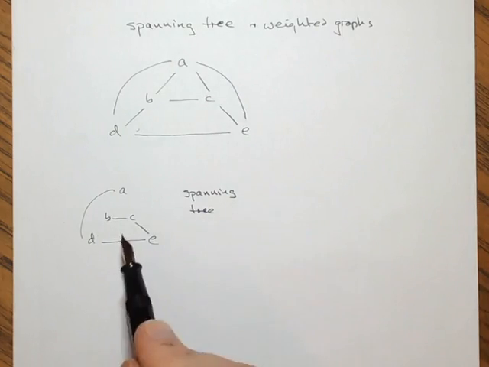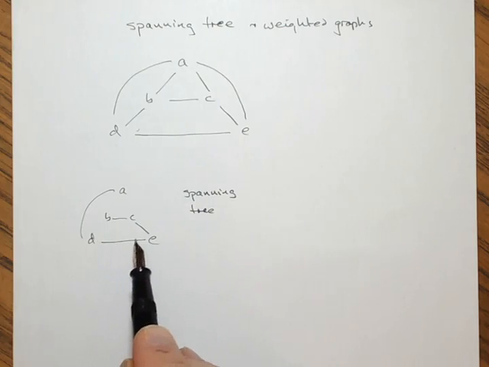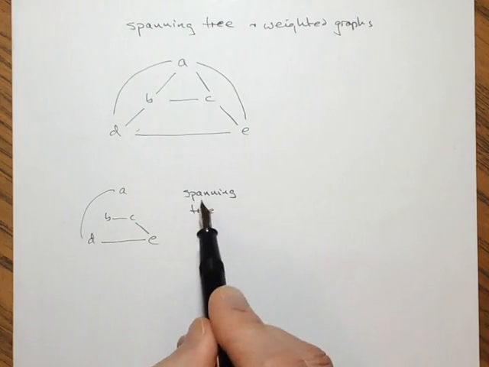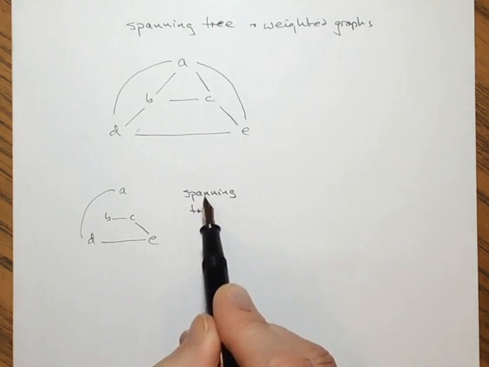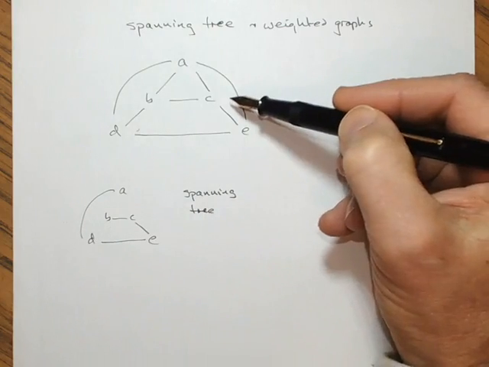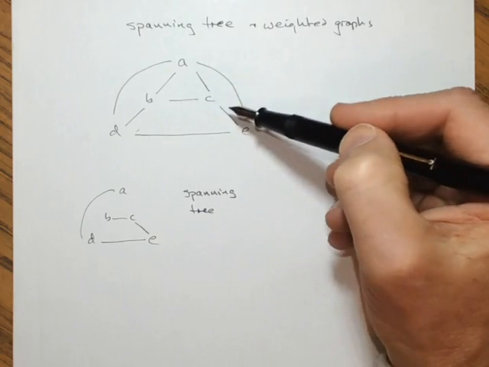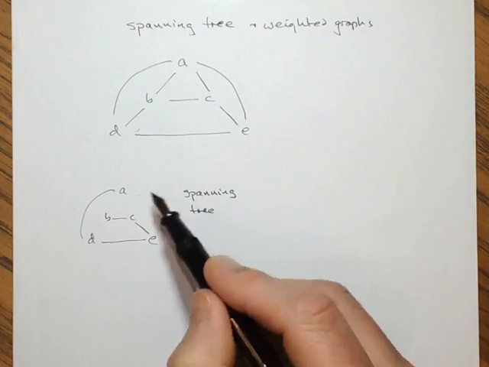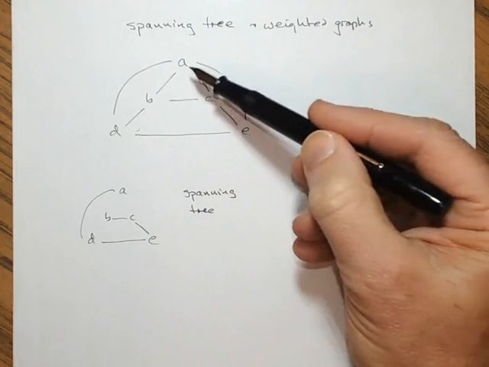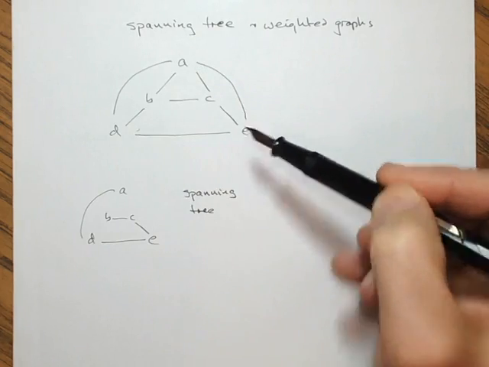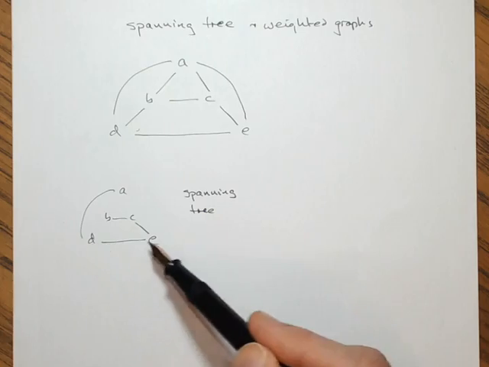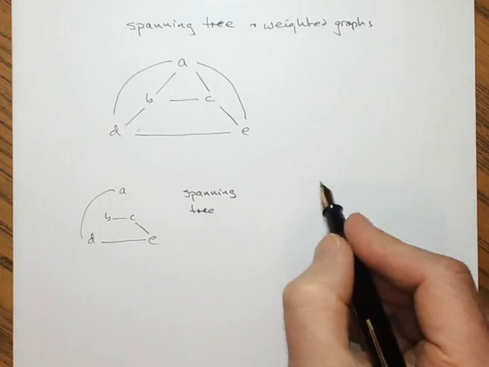In a tree, there is only one path between each pair of vertices. This idea of a spanning tree simply means that we take the original graph, we find a tree structure within it, but it uses every vertex of the original graph. So we've got A, B, C, D, E, and here we've got A, B, C, D, and E. And there are lots of different spanning trees.